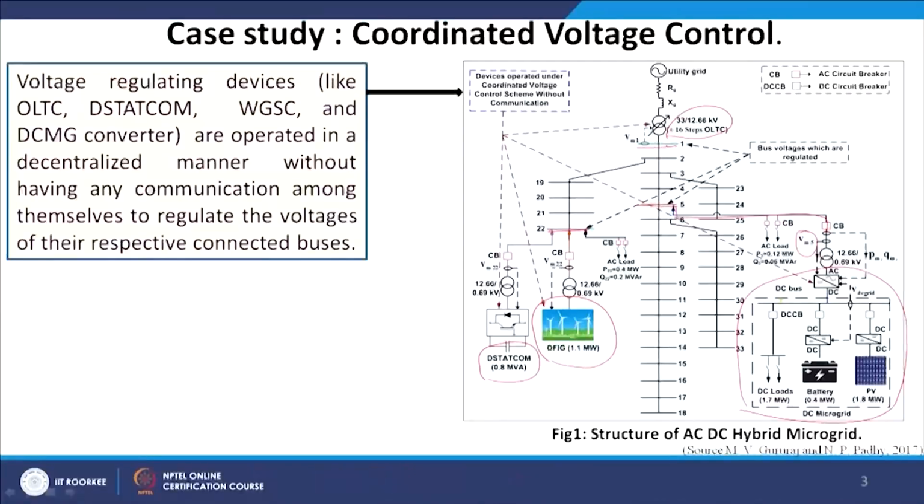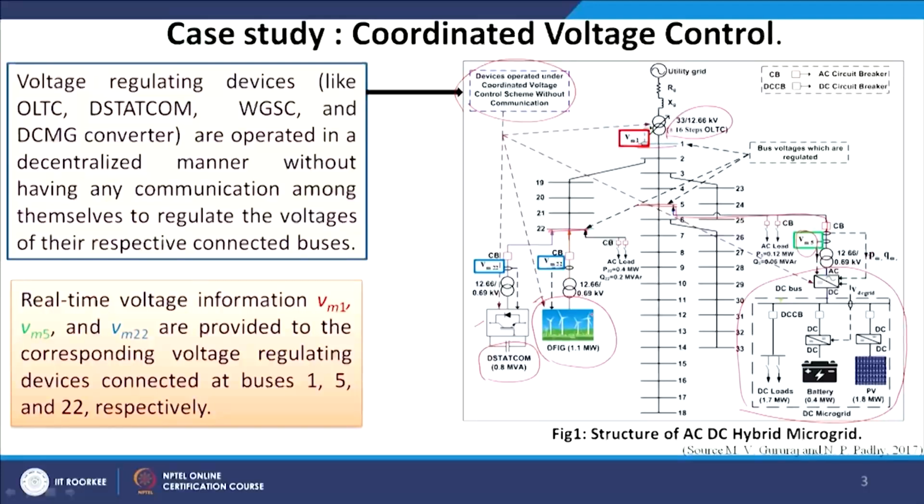Now, voltage regulating devices like OLTC, D-STATCOM etc. as well as DFIG converters are operated in a decentralized manner. That means all the devices operate without any communication. Those devices try to improve the voltage profile at the particular bus where they have been connected through different schemes, but they do not communicate with each other for the overall system benefit at large.